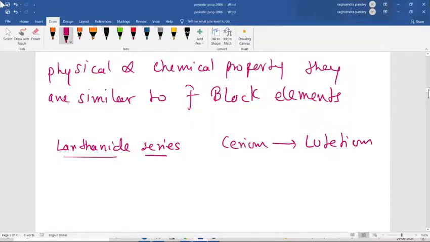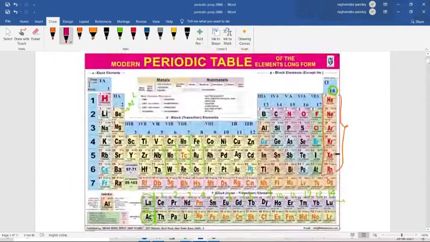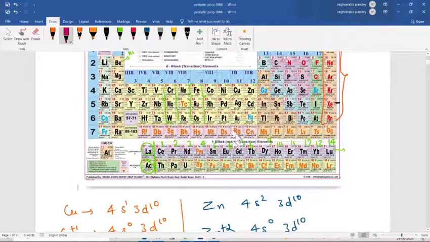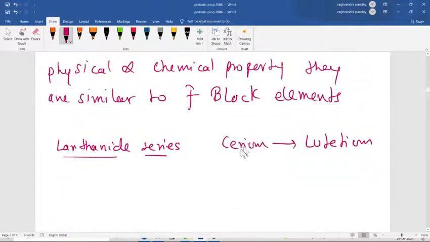There are 14 elements because f has 7 orbitals, so there are 14. From atomic number 58 to atomic number 71. So the lanthanide series starts, and that is your f block element.